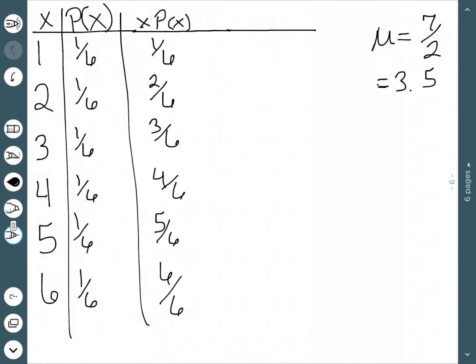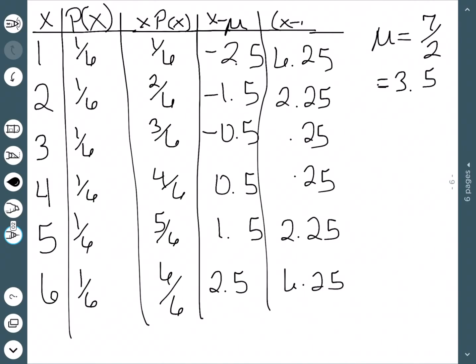Now let's try to find our standard deviation. For that one, I'm going to need a couple more columns. My first is going to be x minus mu, 1 minus my mean, which was 7 over 2. Our final column, although I'm running out of room, would be to multiply this number by probability.